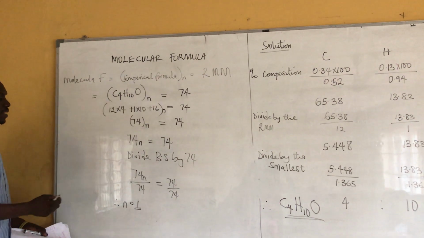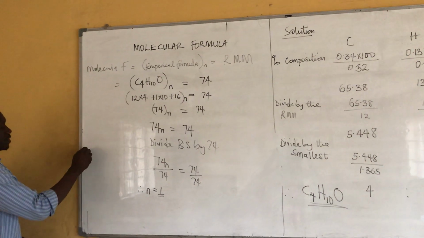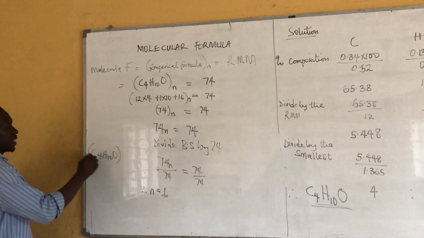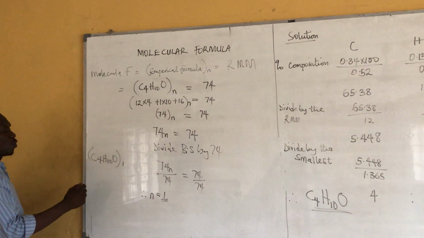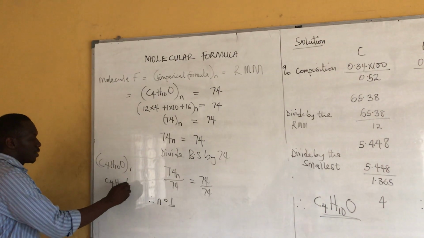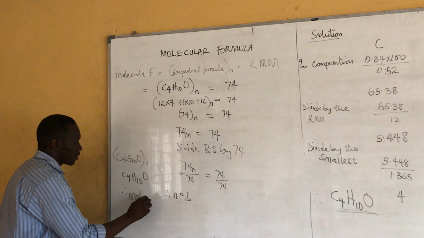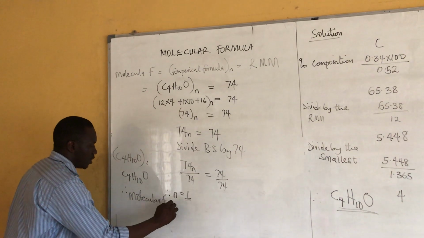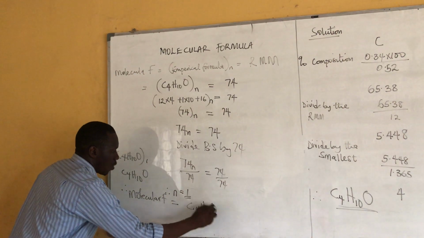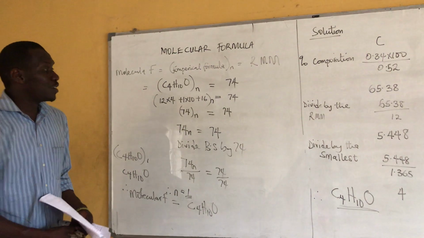So we put n equals 1 in our formula: C4H10O bracket 1. Use 1 to open the bracket: C4H10O. Therefore, our molecular formula equals C4H10O. Alright, I know you found it so simple.